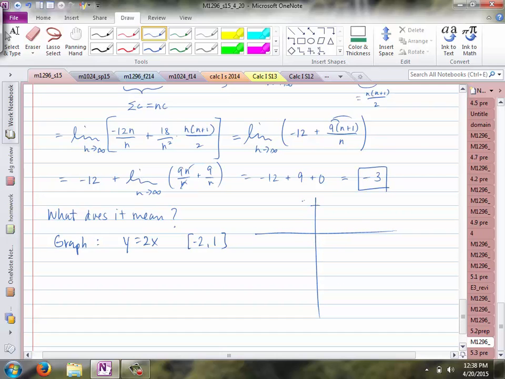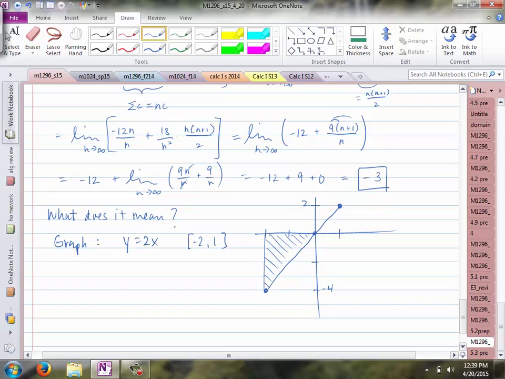Just a quick sketch here. Here's the line. I'm just graphing it from negative 2 to 1. This integral represents the area made with the x-axis.